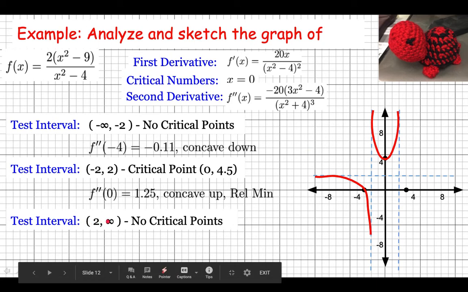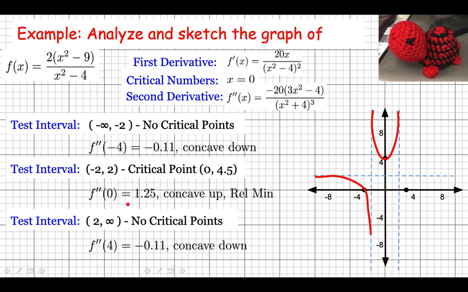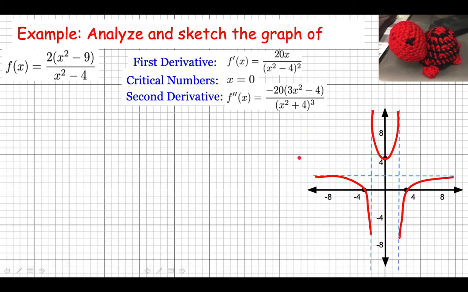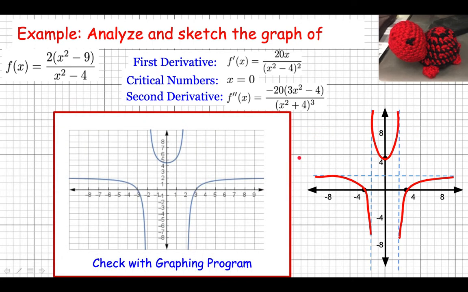Third test interval, again, no critical points. So I just pick a point. I see again I'm concave down. I expect that because I said it's an even function, so it should have that even symmetry. There's my graph. If I plot this with decimals, I get this. So again, I would say use your graphing program to check it.